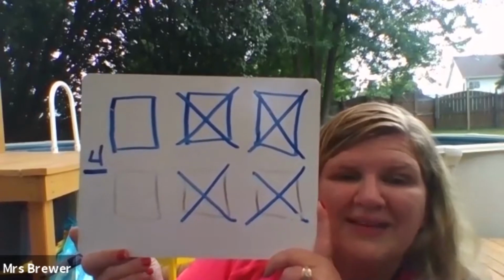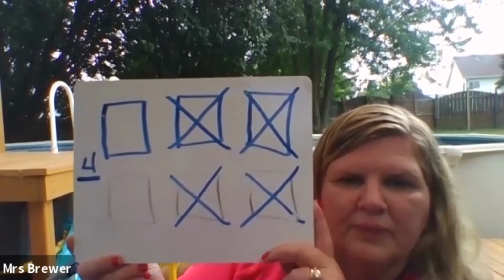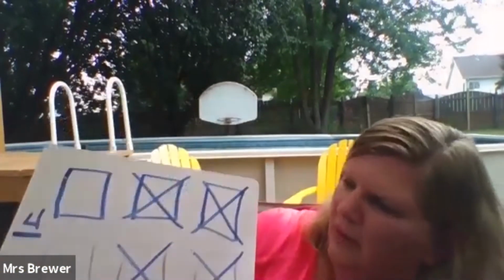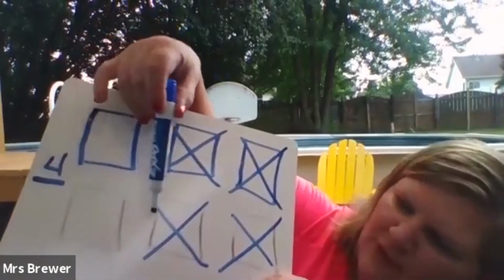You're right. 6. How did you get 6? Right, you counted all my air mattresses. 1, 2, 3, 4, 5, 6. 6. Getting ready to say 6, aren't I?